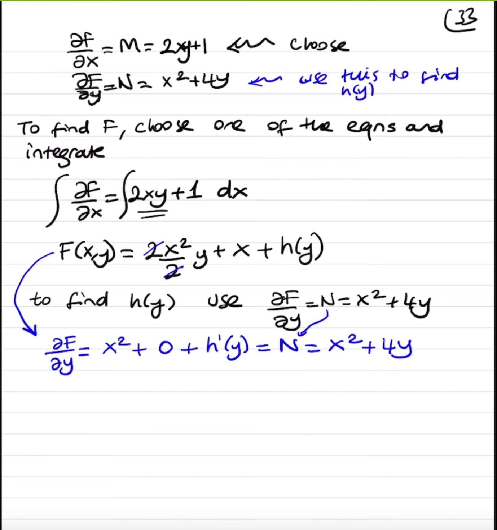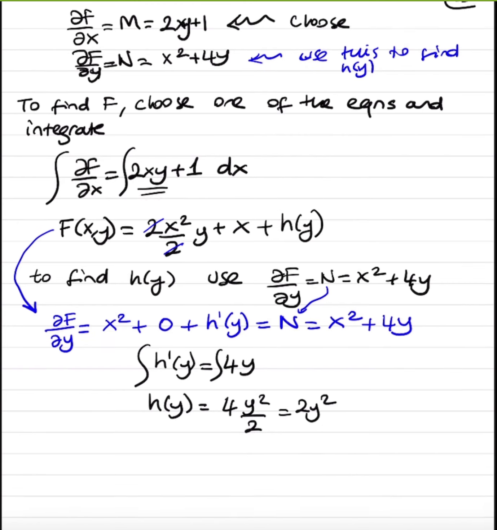So now we can find h. When we cancel x squared, we find h prime of y is equal to 4y, and we can find h by integrating. It is 4y squared over 2, so it is 2y squared.